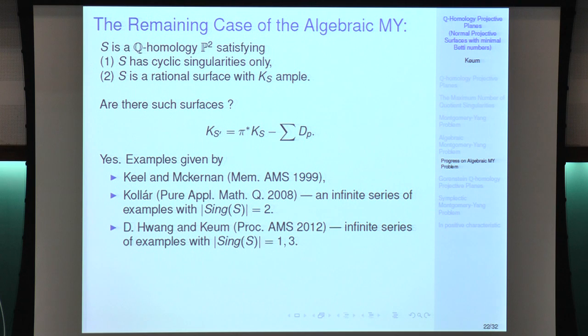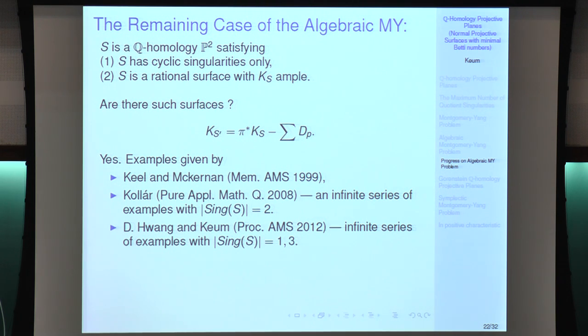This 3-dimensional space has 4 singularities, so each skew line passes through 2 of these singularities. And this surface has Picard number 3. So if you contract these 2 skew lines, you get Picard number 1 and 2 singularities.